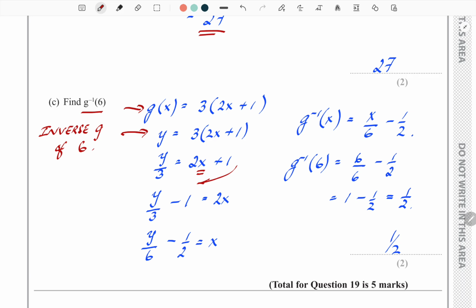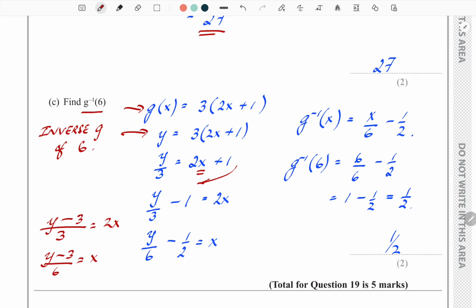So you can do it different ways. I could have written it like this, and then divide that by 2. So you get y minus 3 over 6 equals x. That's exactly the same thing. Doesn't matter which way you do it.